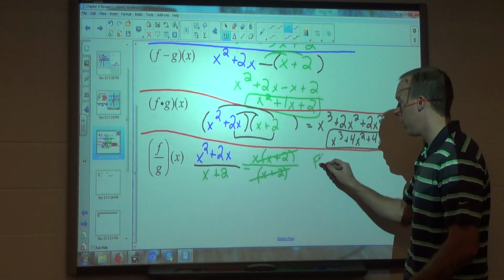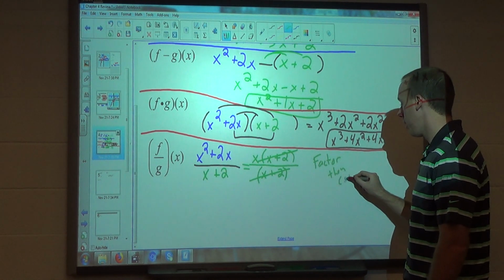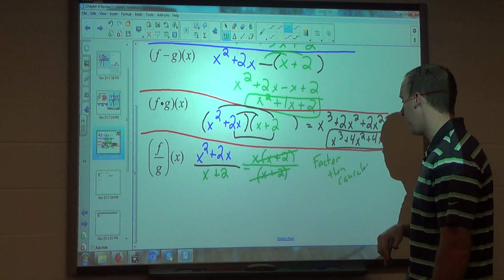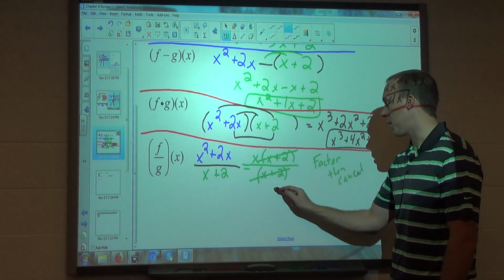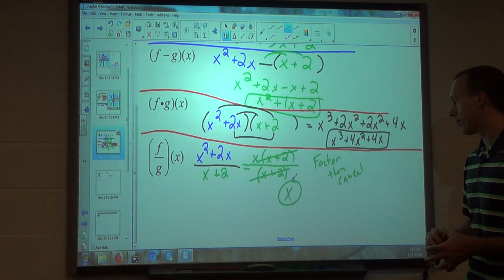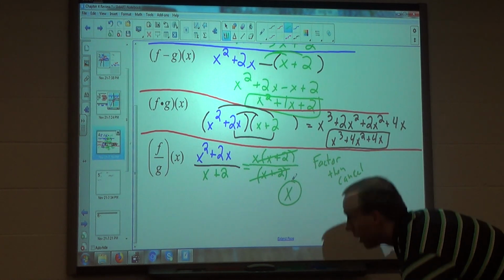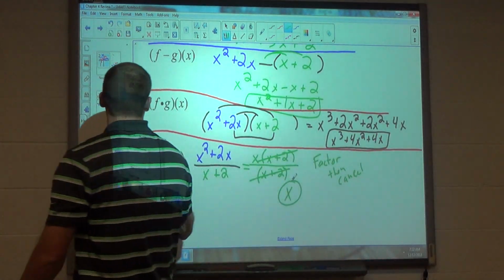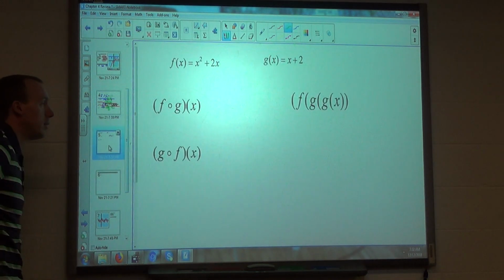So if you want to write a note here for that, it's factor, then cancel on the test. Okay? And my answer on this problem would be x. Okay? Alrighty, let's try the next problem here. So that's 4 points on the test.